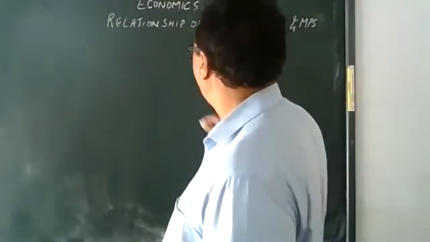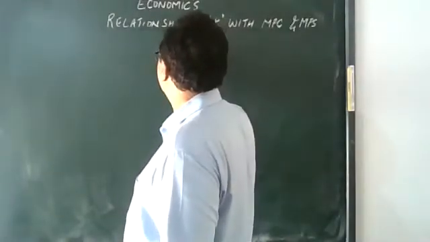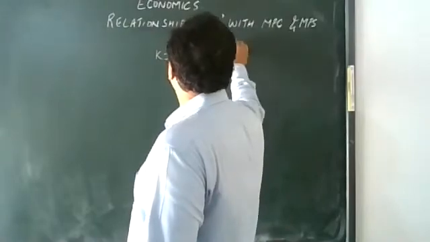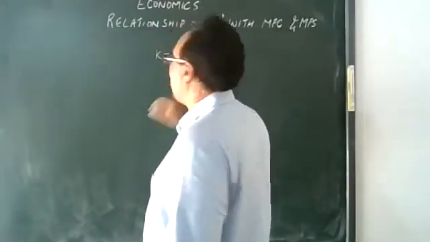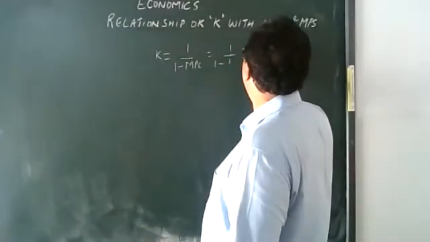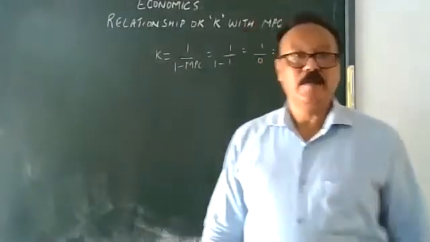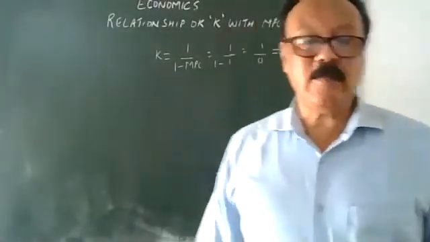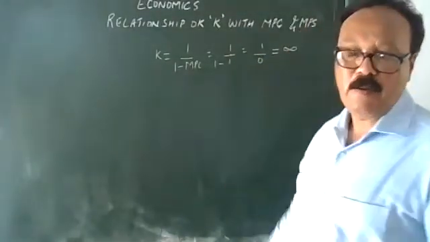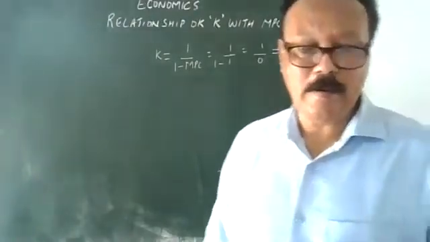So let's try calculating the multiplier from MPC. K is 1 upon 1 minus MPC, where MPC is 1. That is equal to 1 upon 0, and that is equal to infinity. So the maximum value of the multiplier is infinity when MPC's value is equal to 1.